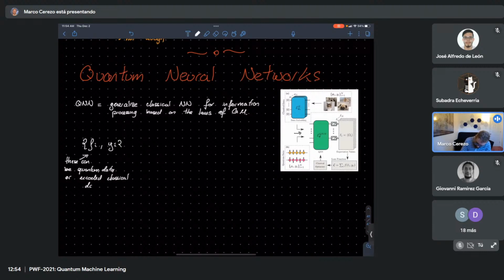I'm not going to care too much about this for now, and these are, of course, labels. And we're going to take each one of those quantum states and send it, as we said here, through this quantum neural network. And at the end, we might perform measurements on some or all the qubits.